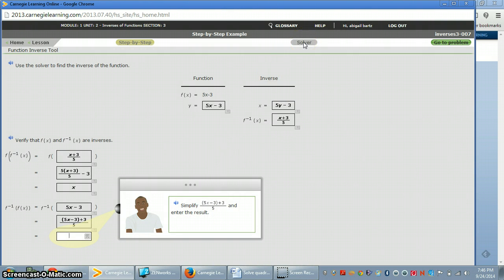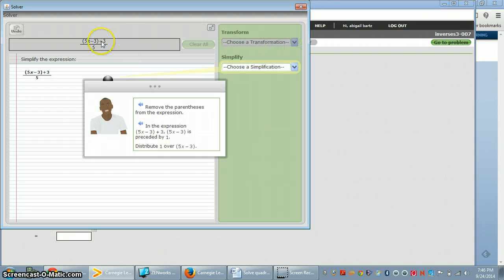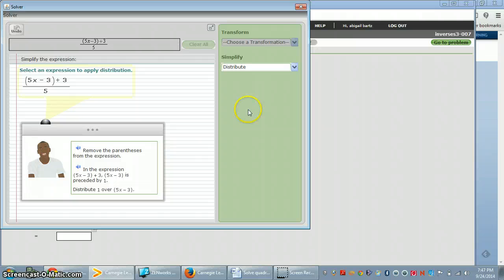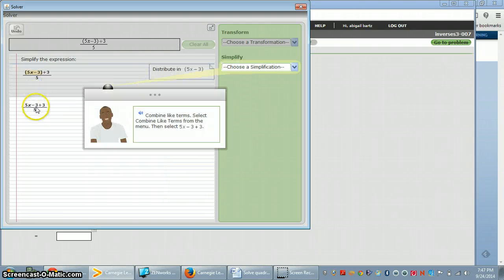And again, anytime they ask me to simplify, I always hit the solver. It will put your expression here, or you may have to type it in. It says remove the parentheses, so you have to do that by distributing. Technically, you're distributing just 1 to that, so that's why it didn't change.